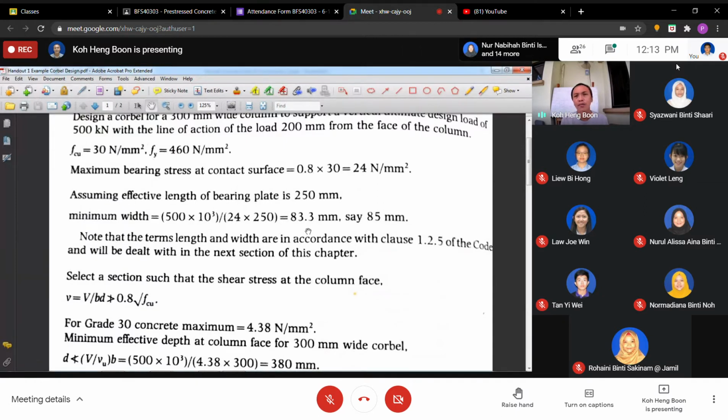The length is 250. Actually, you can calculate this after. So the allowable stress is 24, and the load is 500 kilonewton.